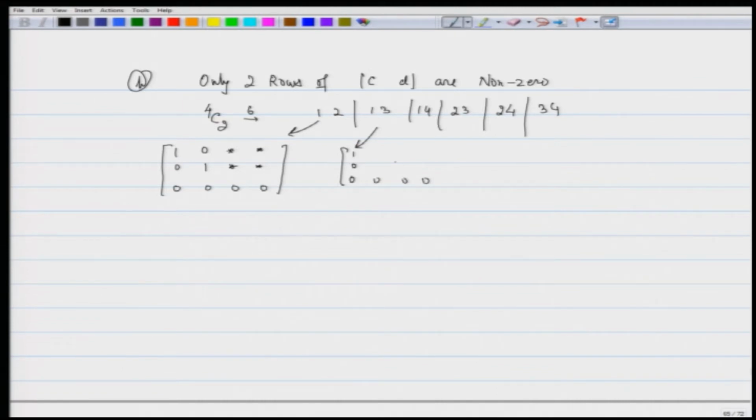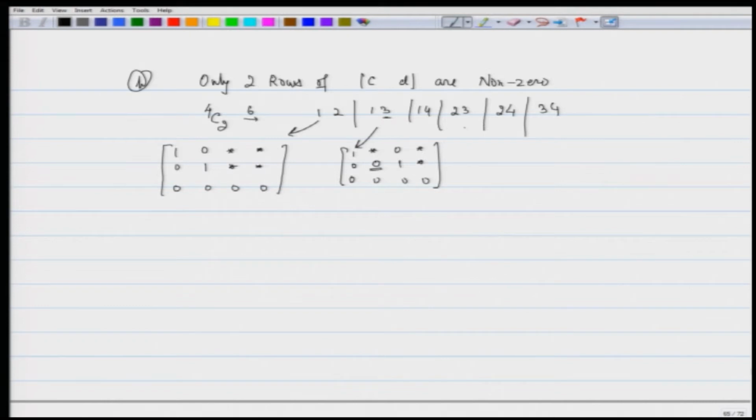I also know that 3 is in the pivot. So, 1 is here, there is a 0 here. I do not know what these are. Can I say that this entry has to be 0? Because if this was non-zero, this would have become a pivot. So, this has to be 0, but I do not know what it is here.